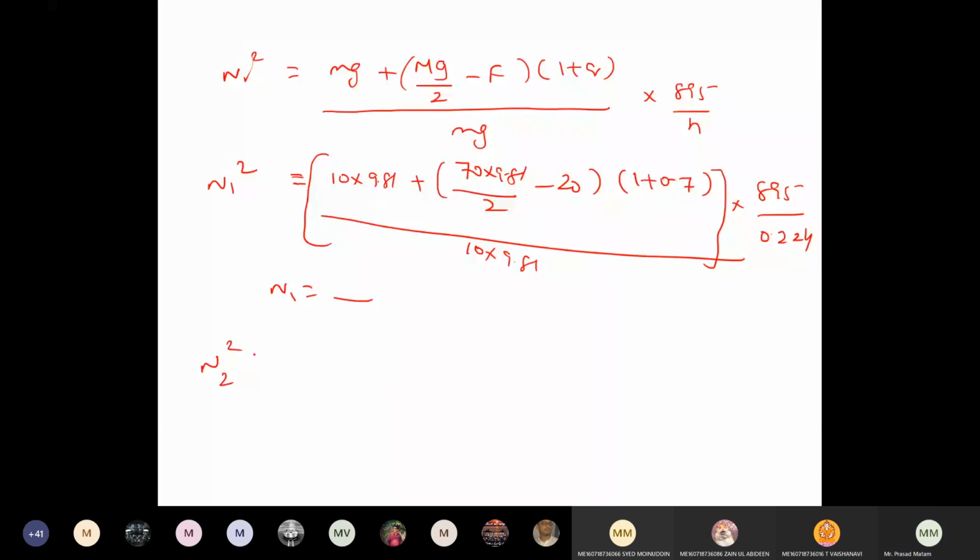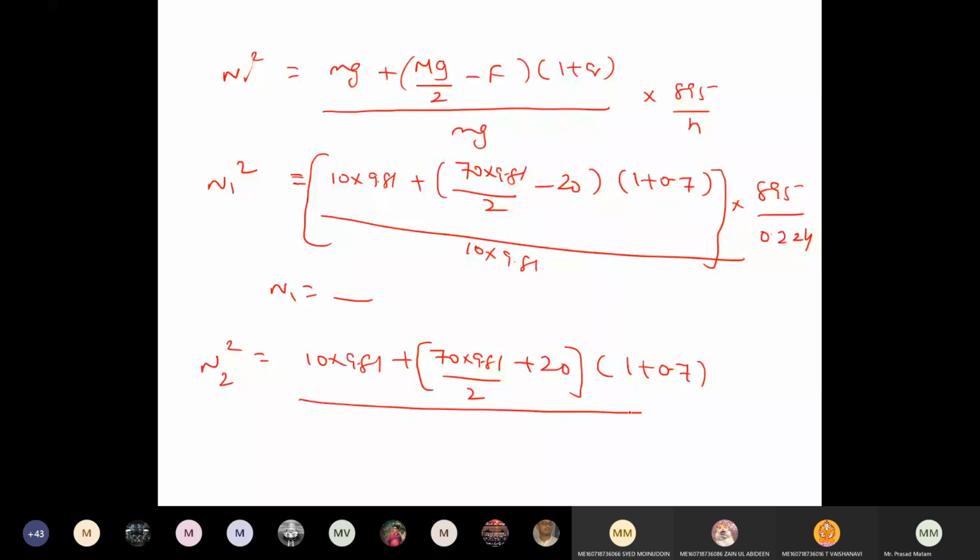Similarly, N2 square also. Just give these two values N1 and N2 for these two conditions.